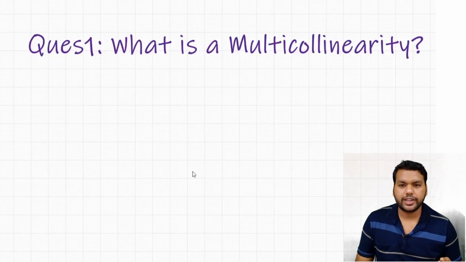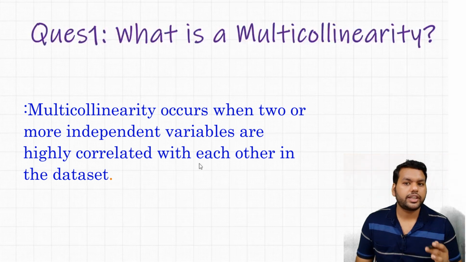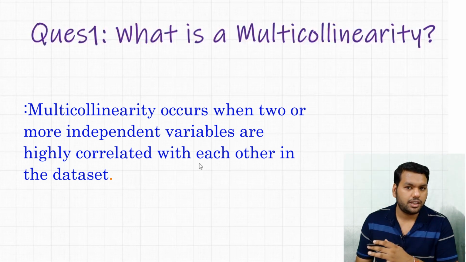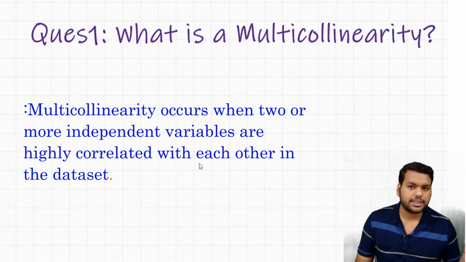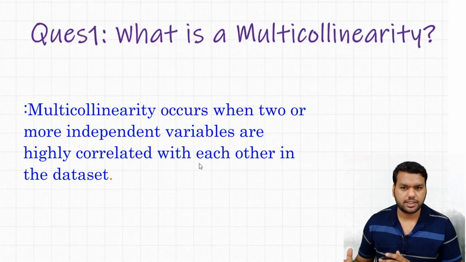Multicollinearity is a situation when two or more independent variables are highly correlated with each other. That is, we can't determine the variation in the response variable due to the predictors separately. We have two random variables x1 and x2, and they are highly correlated with each other.